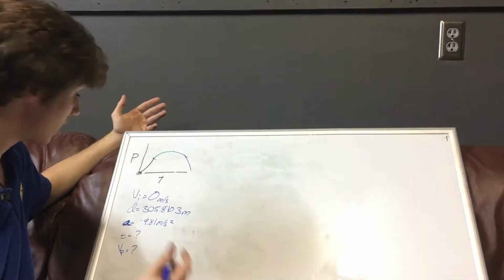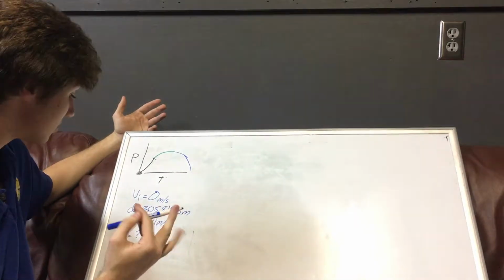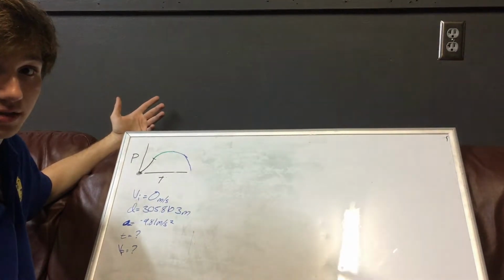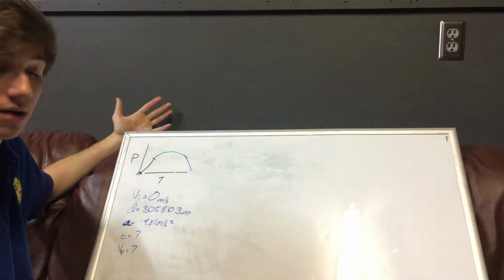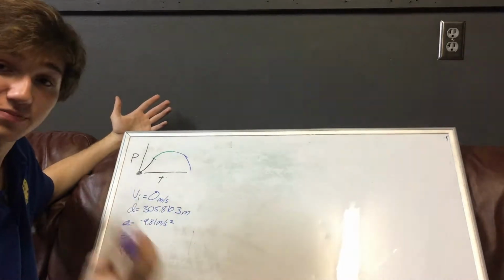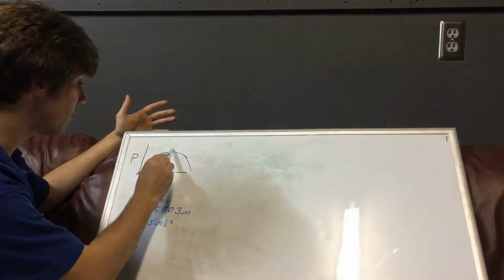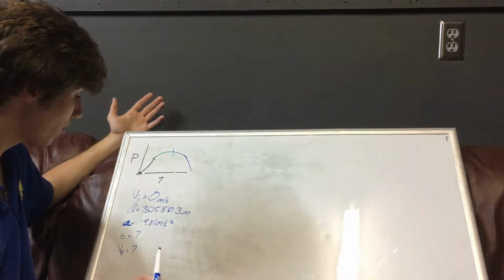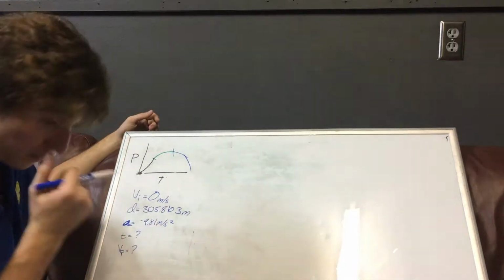Alright, so for this last section, the acceleration is going to remain the same because it's just gravity acting upon an object. Your displacement for this, because we're taking it from the highest point, is the highest point we got in the last equation, which is again 305.8103.